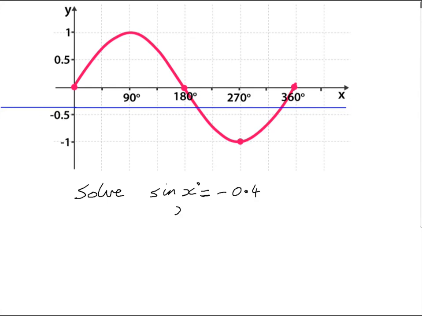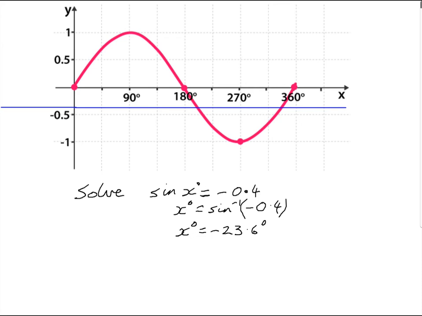You take the inverse sine of it. Remember that there's a negative there. So inverse sine of negative 0.4, and that gives you a negative answer. Minus 23, and I'm going to round it to one decimal place this time, minus 23.6 degrees.